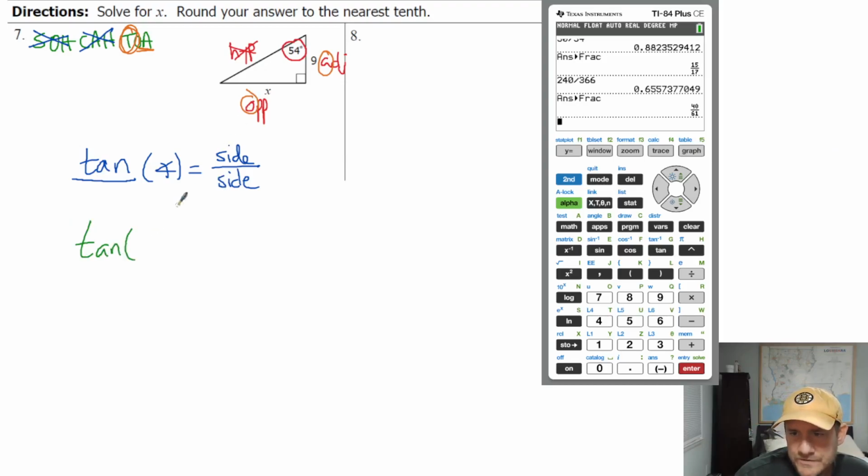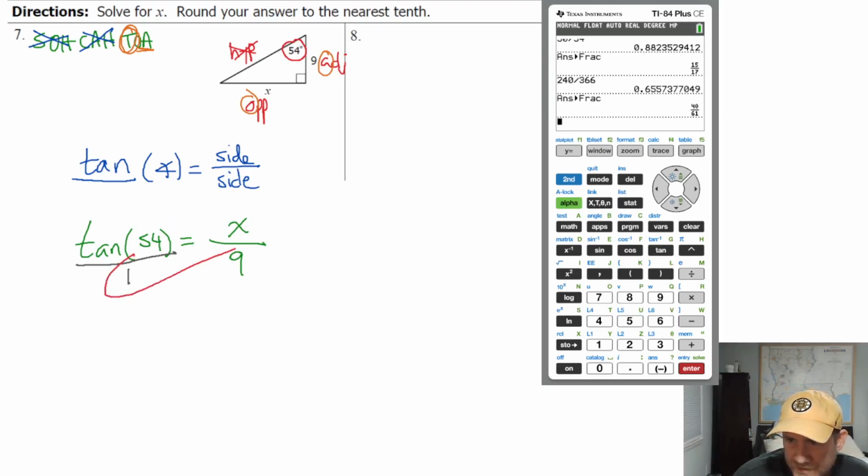So anyway, hopefully we agree that we want a tangent equation, and we know that we want the tangent of the angle. The only angle we have is 54. Then we know that tangent is always opposite over adjacent. So the side that we want in the numerator has to be the opposite side. That's the variable x. The denominator should be the adjacent side, so the 9 goes downstairs. Now my advice to you for solving this was, you can always just put tangent over 1 to make it a fraction equals a fraction, and then you cross multiply.